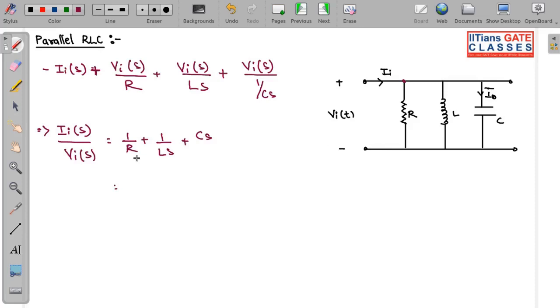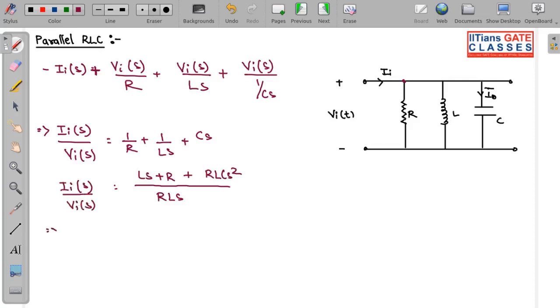So if you multiply with RLs on both sides, what will you get? Let us take the LCM. This will be Ls + R + RLCs², so this is your I(s)/V(s).